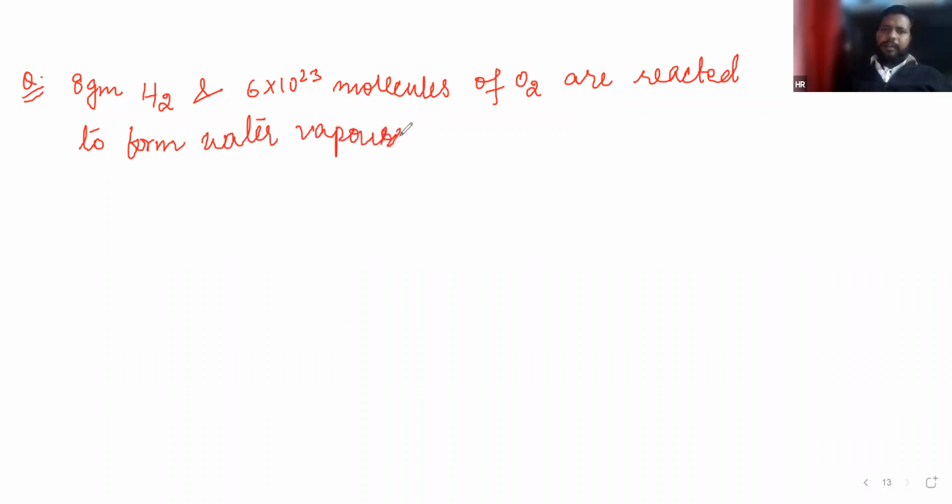You can easily write the reaction between hydrogen and oxygen to make water vapor or water. Can you write the reaction or not?